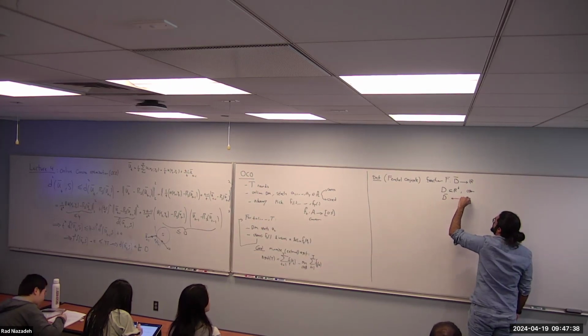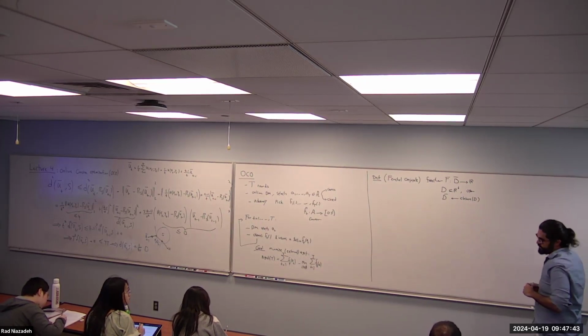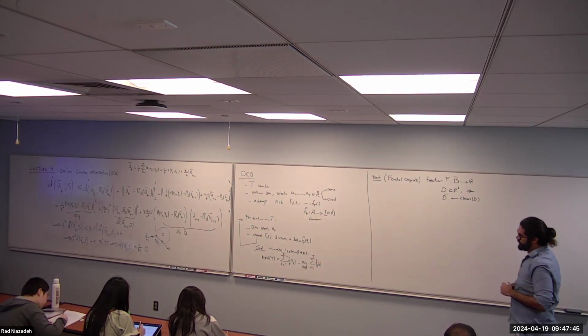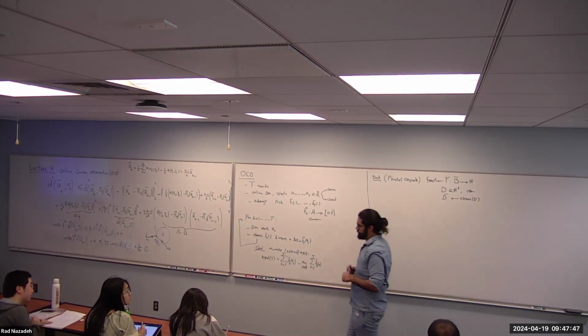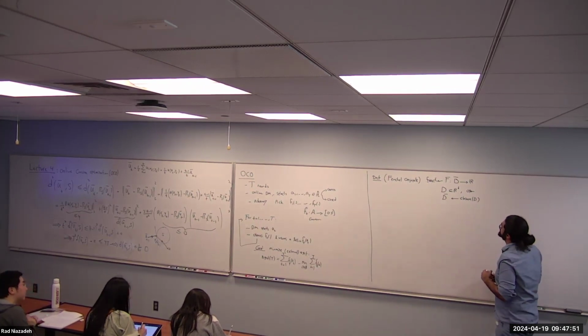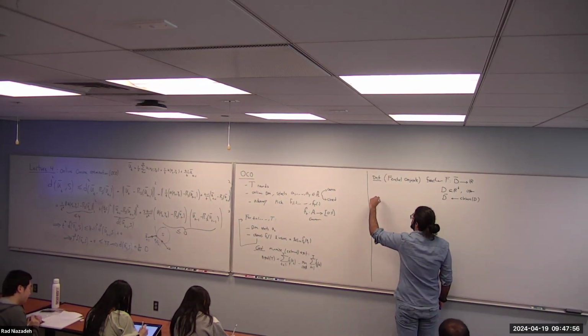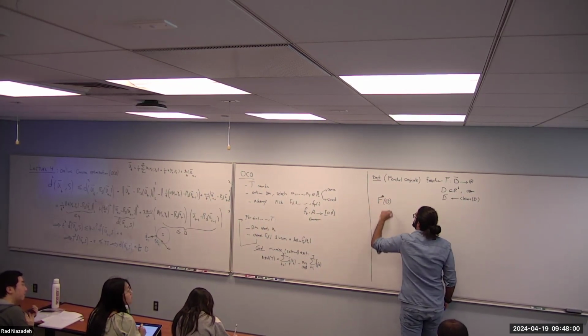So I have a function f that maps a d-dimensional vector to a real number. Now we define the following function, f star of theta.